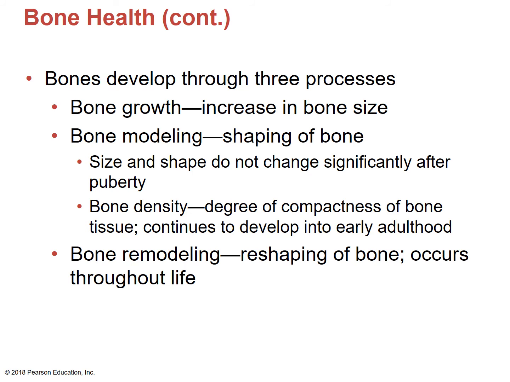In young, healthy adults, the processes of bone resorption and formation are equal, so that just as much bone is broken down as is built, maintaining bone mass. Around the age of 40, bone resorption begins to occur more rapidly than bone formation, and this imbalance results in the overall loss of bone density.